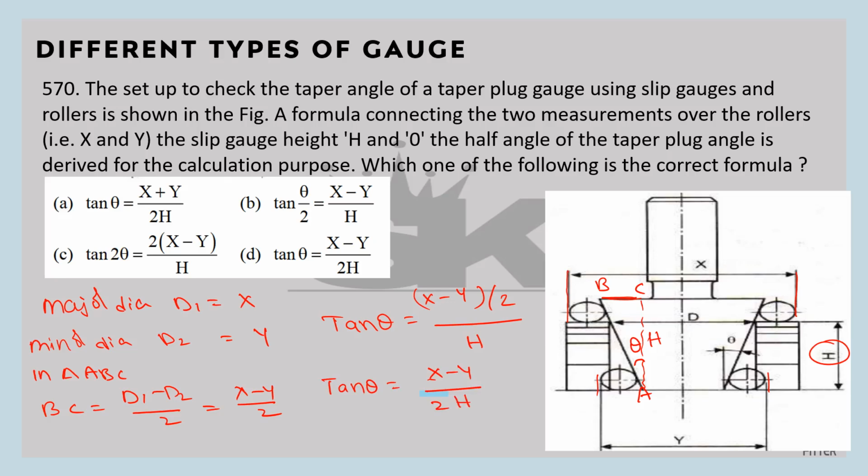So the answer is option D, (X minus Y) by 2H.